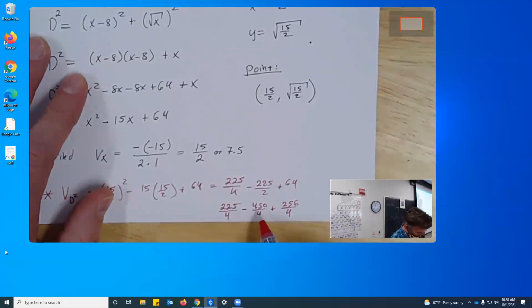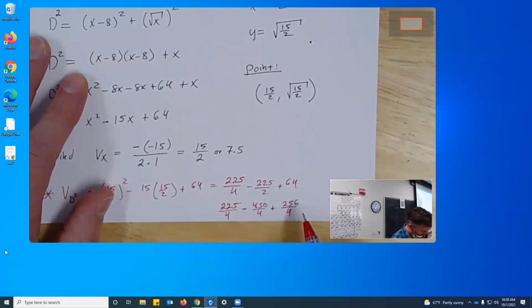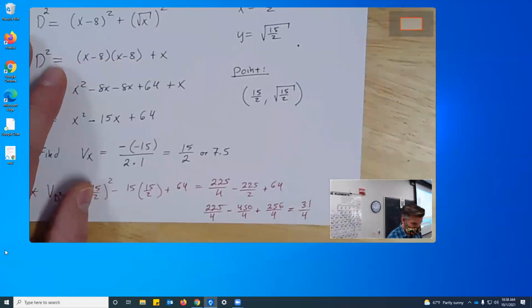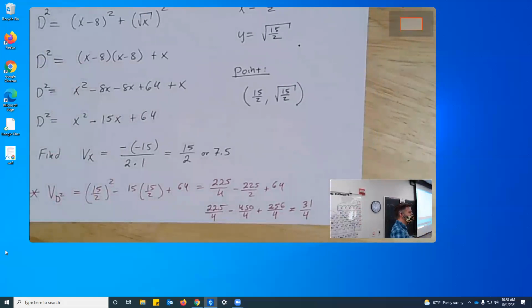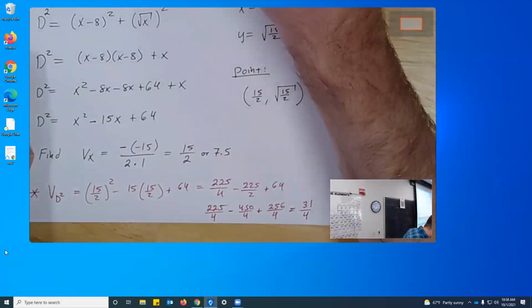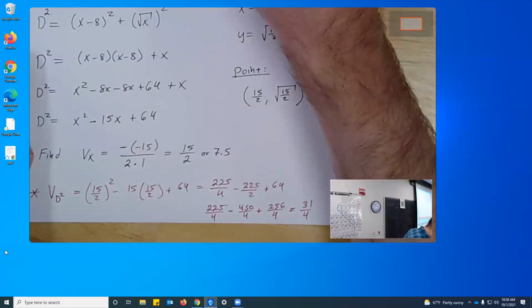So you get negative 225 plus 256, which is going to be 31. That is the minimum distance squared. So this distance right here is the square root of 31/4.